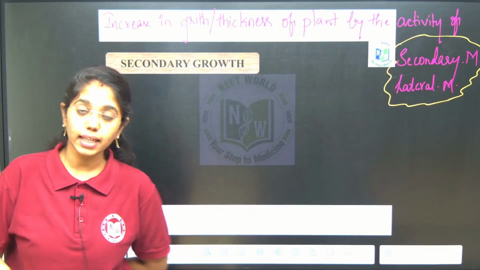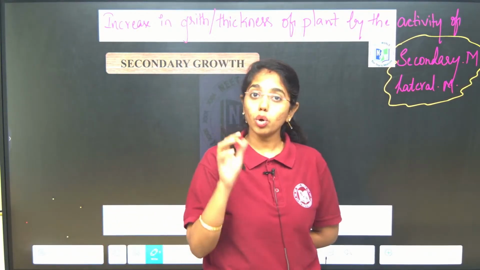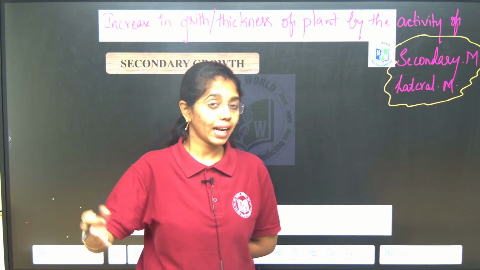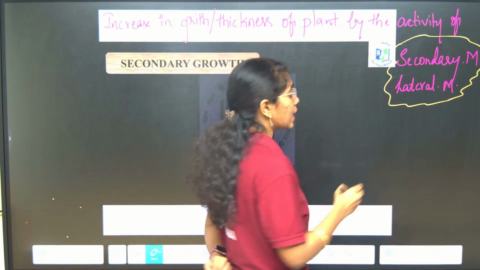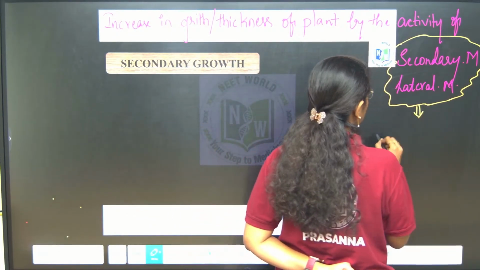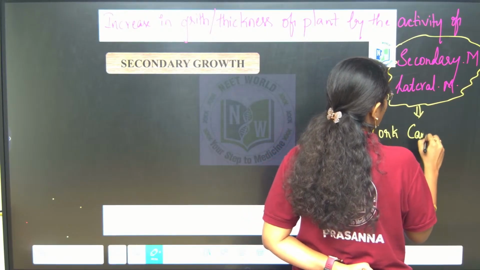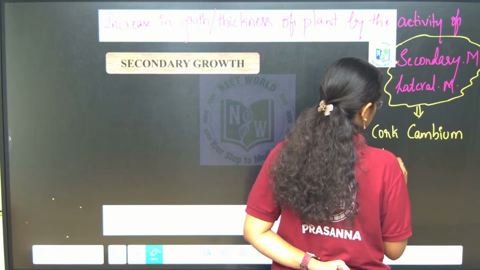What are these secondary meristems and lateral meristems? Secondary and lateral meristems are those meristematic tissues which appear in the later part of plant life to increase the girth and thickness of the plant. In the cortex region you will come across cork cambium, and in the stellar region you will come across vascular cambium.